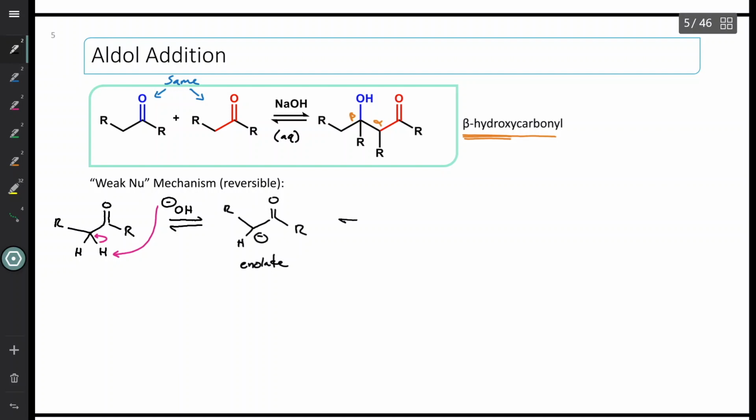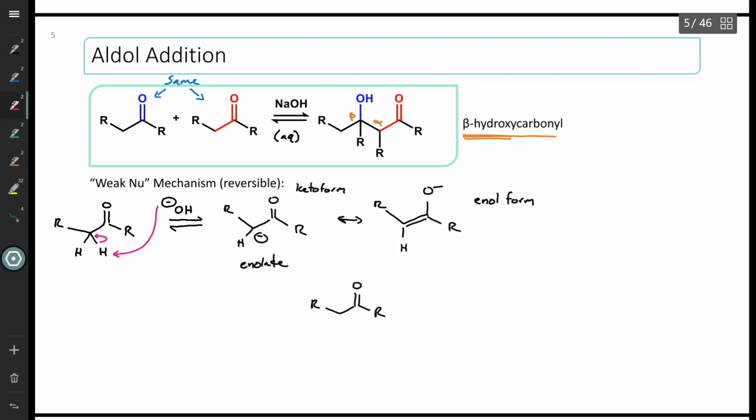And this has a resonance form. I don't always draw it, but right, this is the enol form, and this is the keto form. So once you have your enolate, it can react with an electrophile, and the electrophile is going to be the same structure, your original starting material.